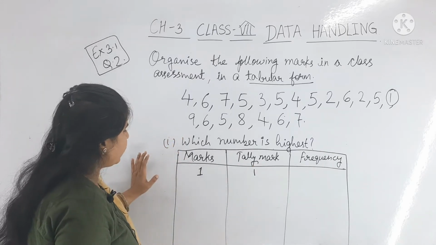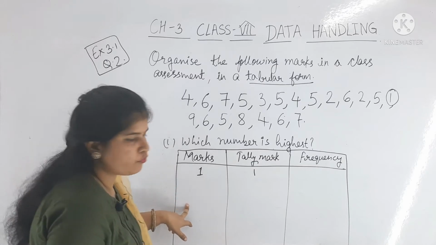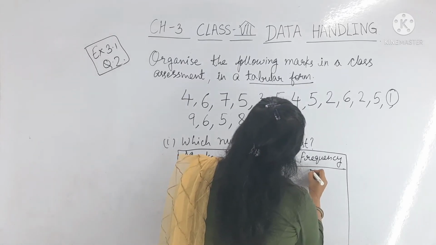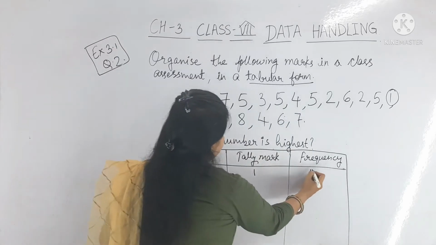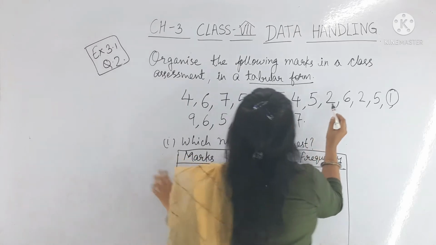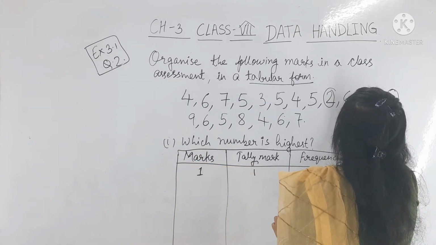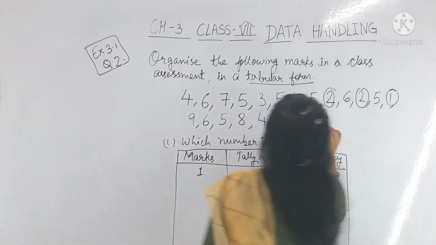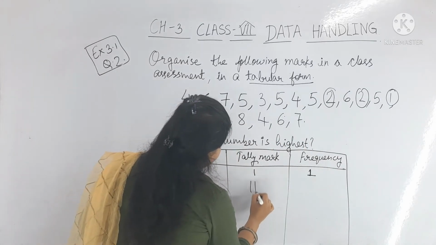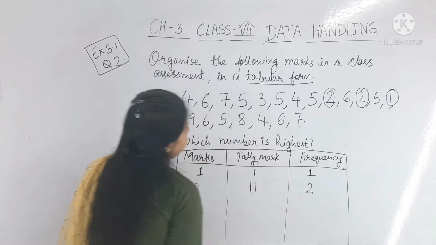Okay, I am writing in ascending order in the tabular form. Here marks 1, tally mark is 1, frequency is 1. Number two is 2. How many 2s are there? 1 and 2. Okay, so here 2, 2 and 2 here.